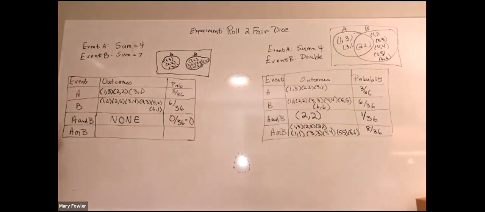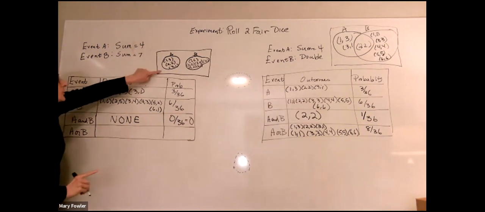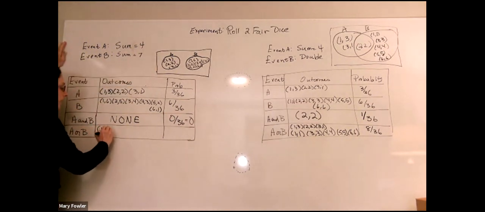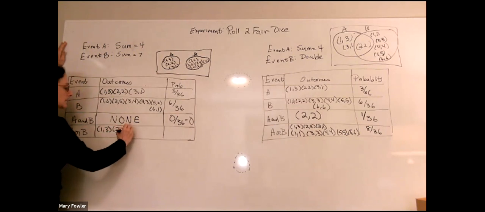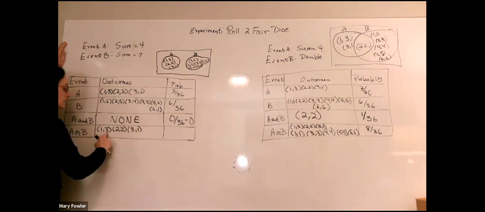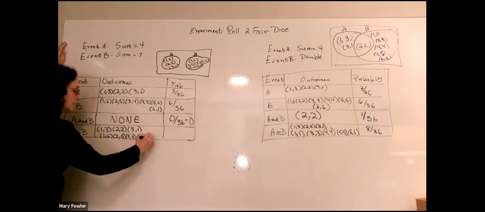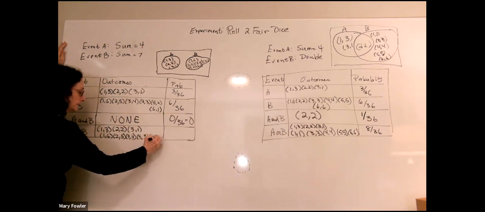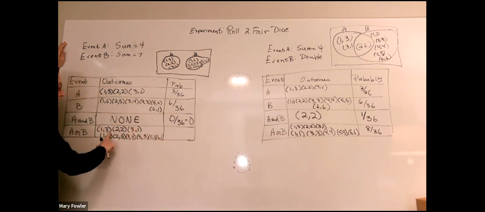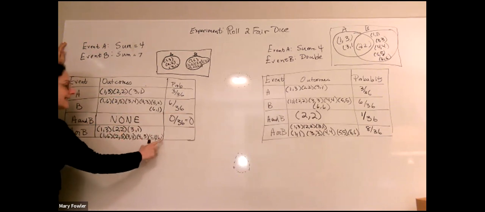And now I also want to think about the OR event. The OR event is everything that's in A, so the 3 that are in A, and then everything that's in B. All together now we have 3, 4, 5, 6, 7, 8, 9.